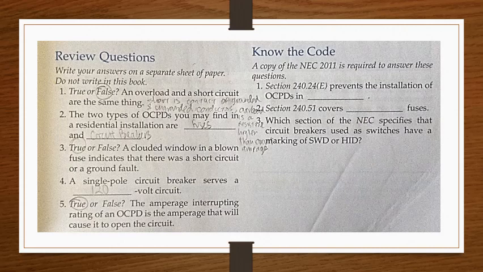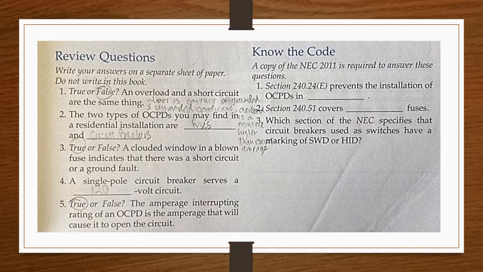Any more amperage or load or resistance than the interrupting rating of the OCPD will pass right through. In other words, the OCPD will not be able to open anything more than the interrupting rating of the OCPD.